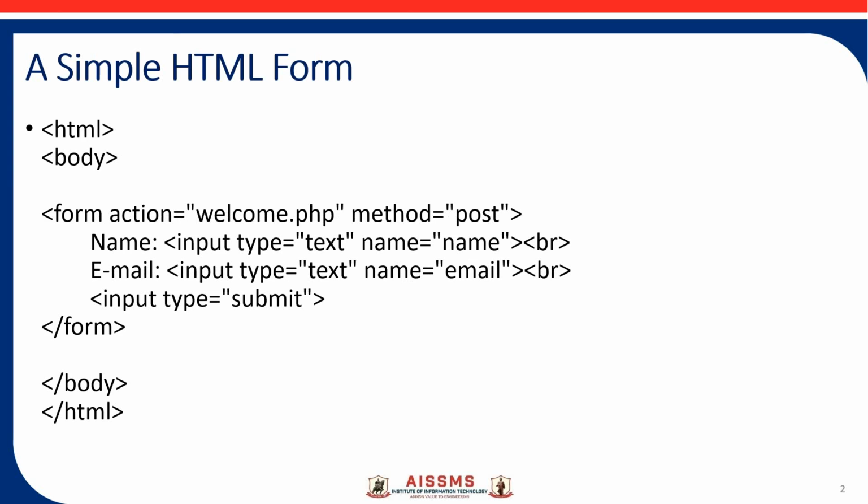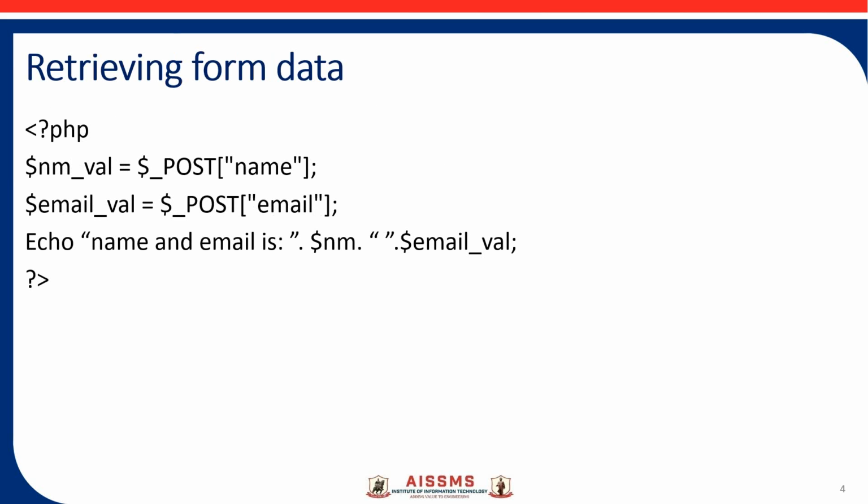The name given to the text field for name is name, and the name given to the text field for email is email. In order to retrieve the values for name and email, we'll use those name values. So $_POST["name"] and $_POST["email"] will give the values which the user has entered in the form.